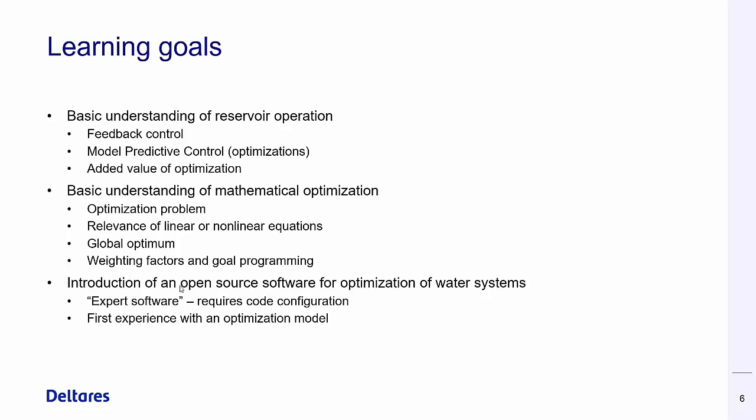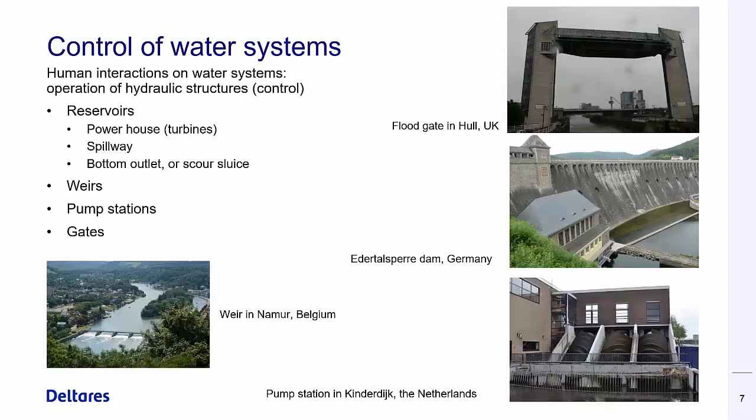And also a third learning goal is to introduce this open source software for optimization of water systems. I already mentioned it requires some code configuration. In our case it's Python, and then you make first experience with an optimization model. What do you get out of it, and what can you do with it?